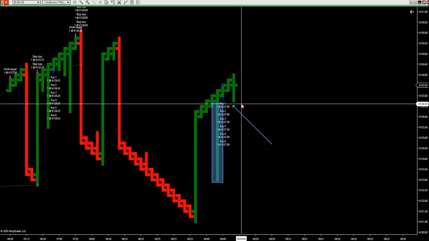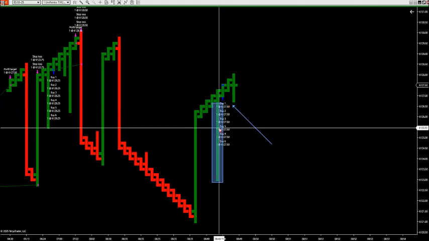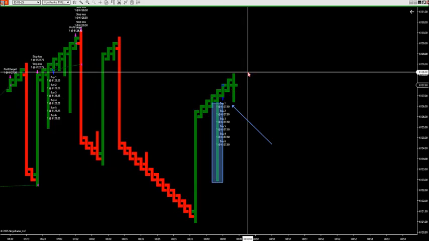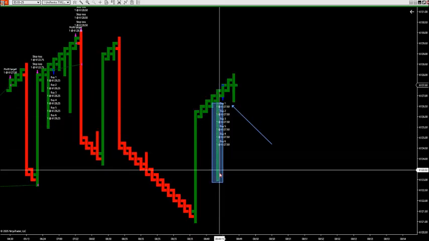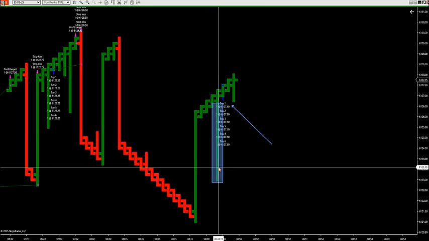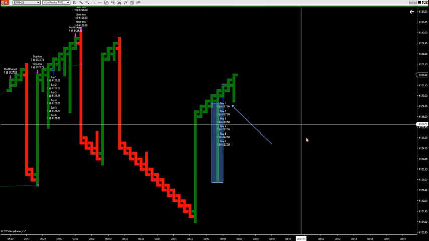By doing that, they grab liquidity with buy order blocks somewhere down this level to try to bring it higher. So that's how liquidity grabs work. They bring it lower to grab order blocks to bring it higher.